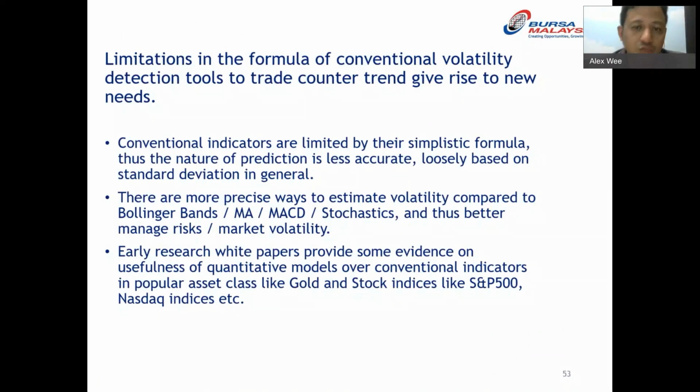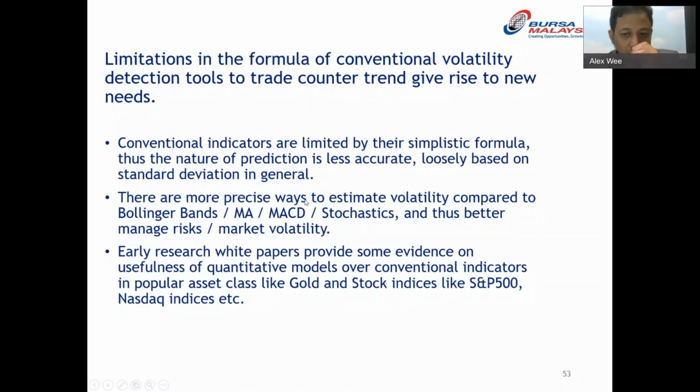So the limitations. Now we discuss in theory the limitations of the formulas of conventional indicators and volatility detection tools. There are a lot of limitations, so it gives rise to new needs. The conventional indicators are limited by their simplistic formulas, thus the nature of the prediction is less accurate and loosely based on standard deviation in general.